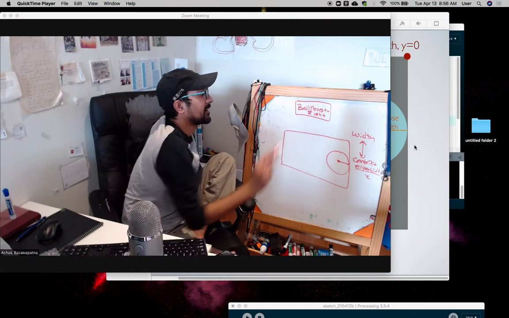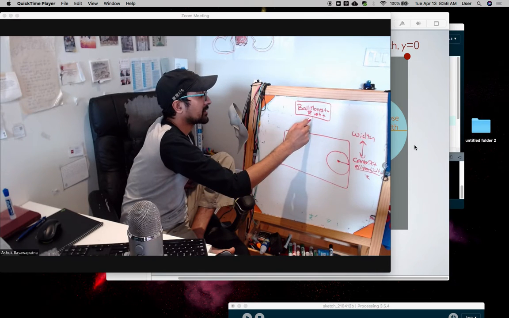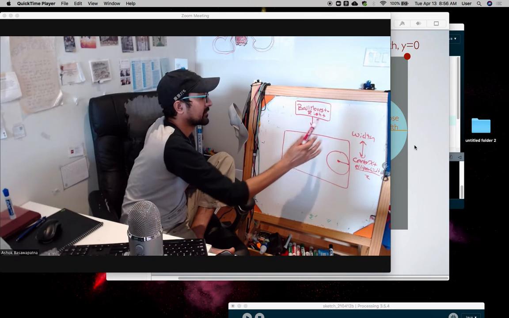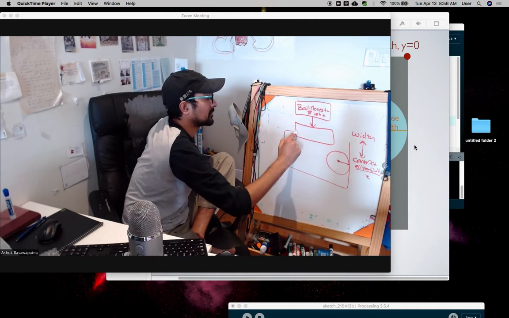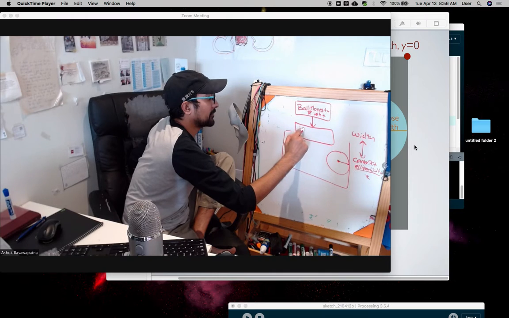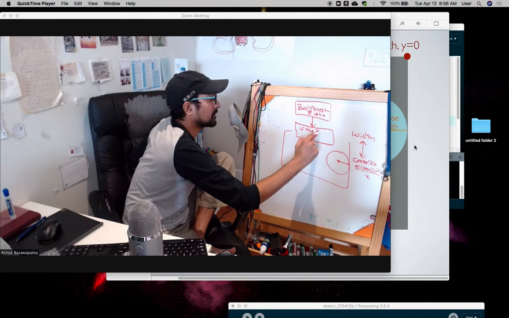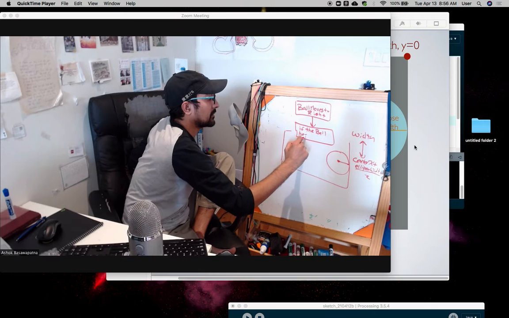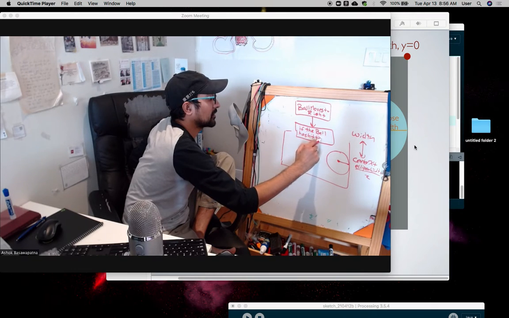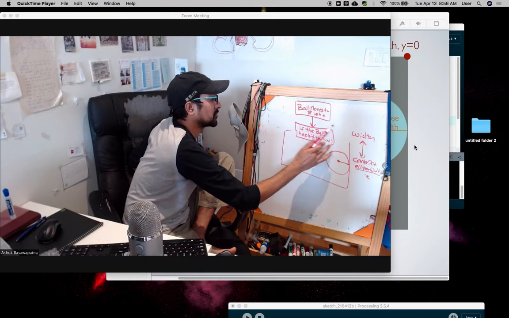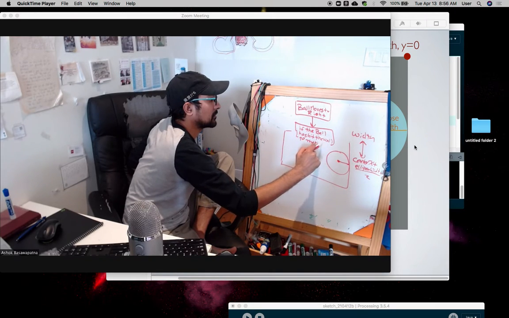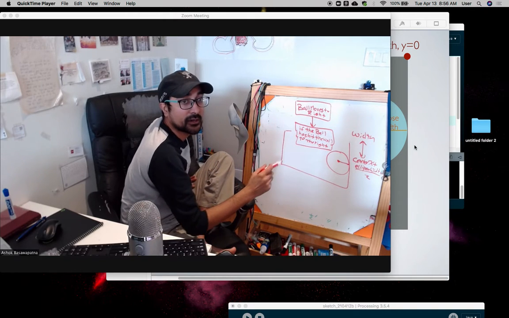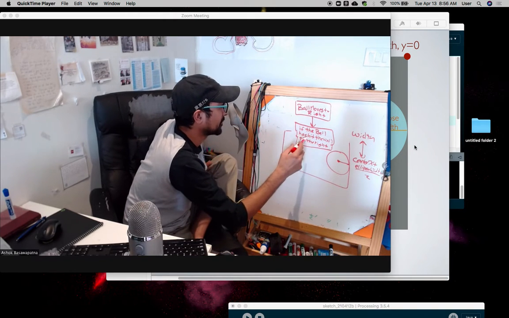And every time the ball moves to the right, we want to check if the ball has hit the wall to the right. Oh my God, what bad penmanship. My mom would be so angry.